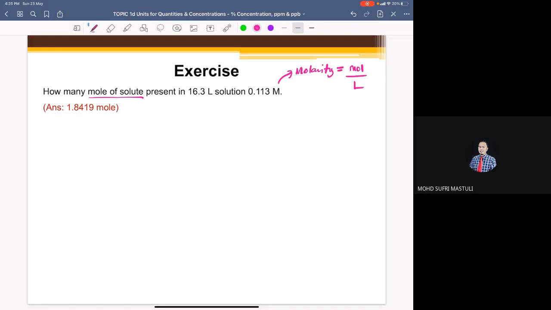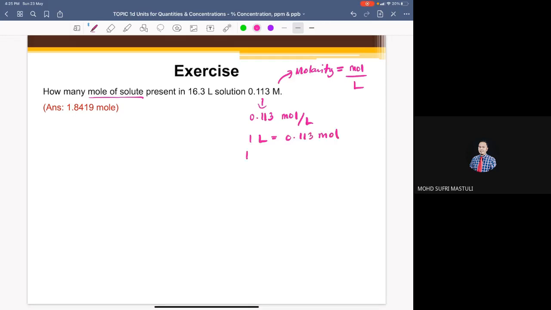So from here, this is similar to 0.113 mole per liter, or 1 liter is equivalent to 0.113 mole.